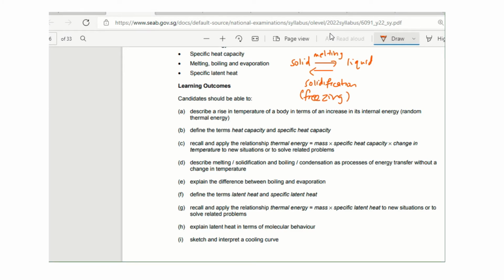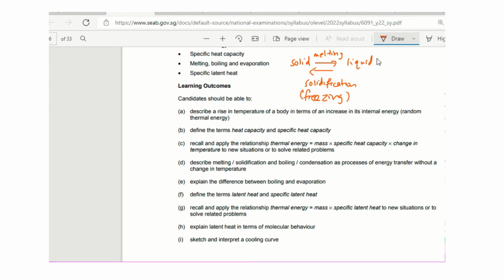Okay, so if it is a pure substance during melting or during boiling, there is no change in temperature. Why is this so? This is because the heat energy that we are supplying is not used to increase the kinetic energy of the particles, but instead is used to overcome the attractive forces between the particles. So that is why during melting and boiling or during change in state, there is energy that is being pumped in.